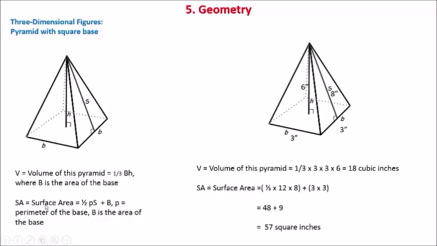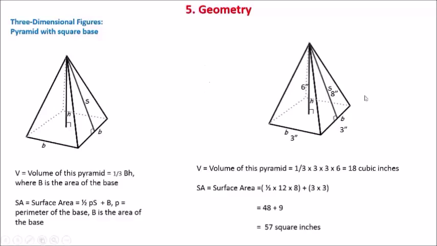Then the surface area is 1/2 the perimeter P times S. So P is the perimeter of the base. Like this, add up all the four sides, that's the perimeter. Perimeter times the slanting height S plus the base area, right? The base area is a square, so that's B, okay?